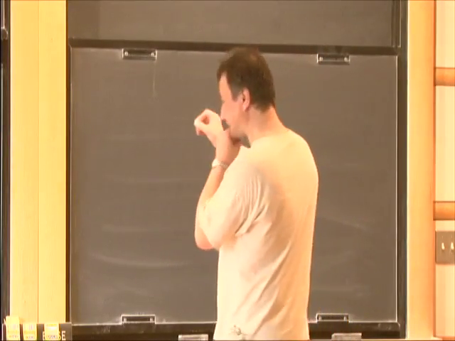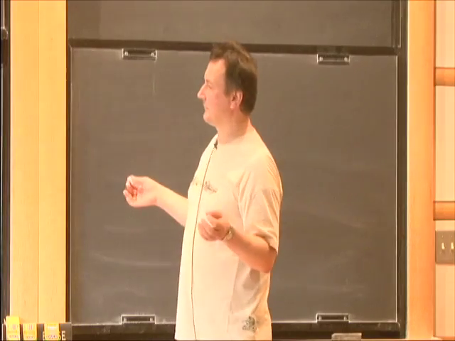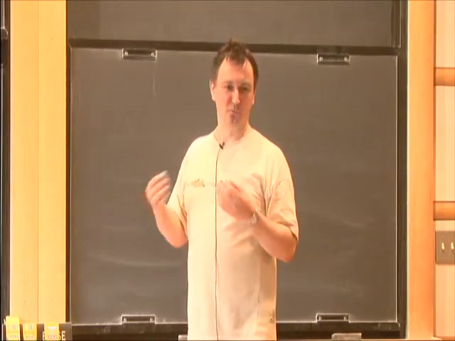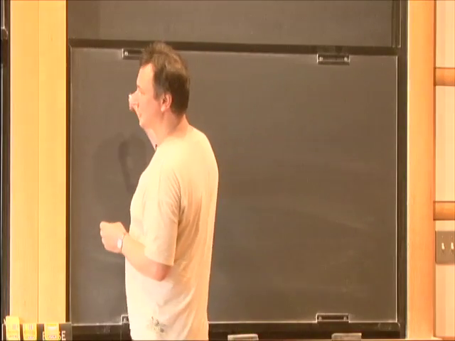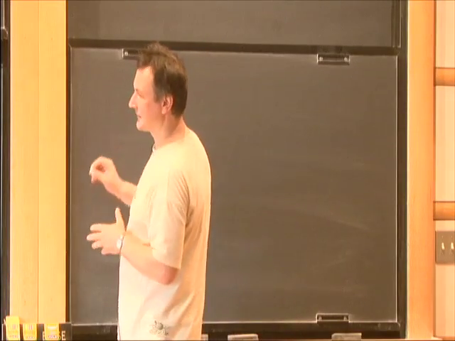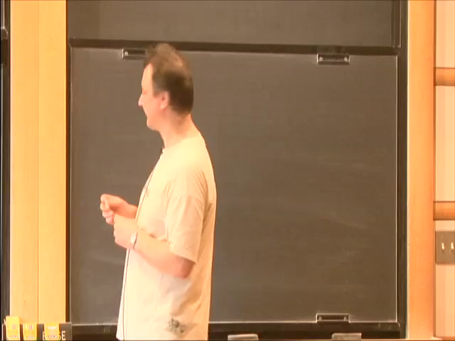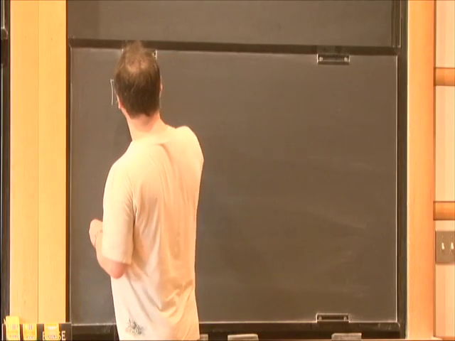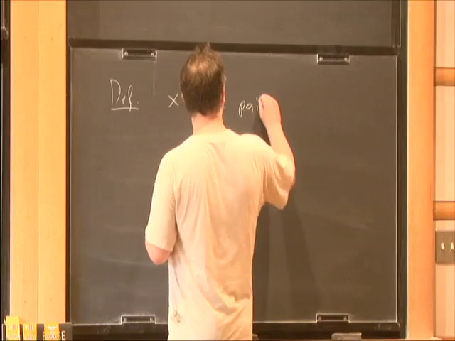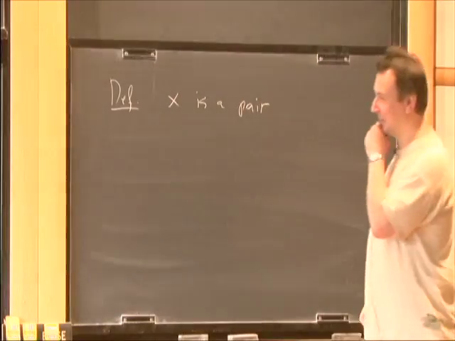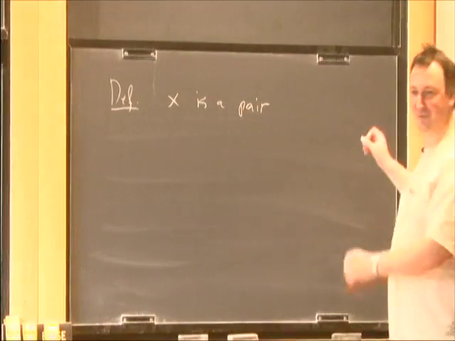So now, how does one encode something like a group in set theory? One starts with the following. One says, let's define what is a pair. This is a definition. Now let me try to invent it, because I don't exactly remember it.